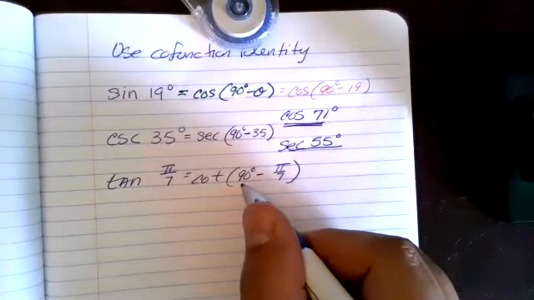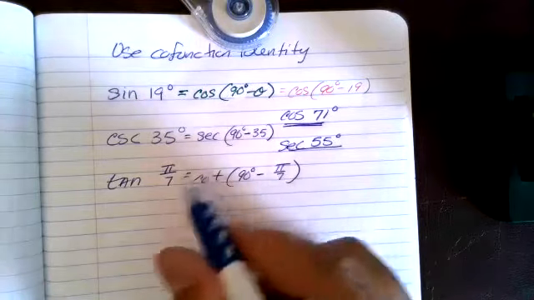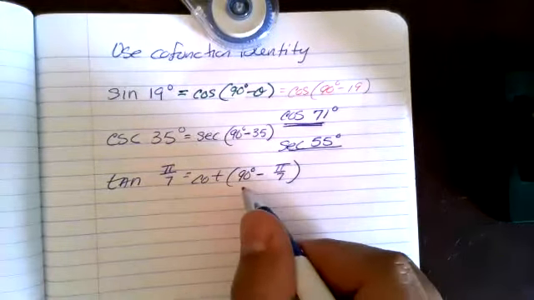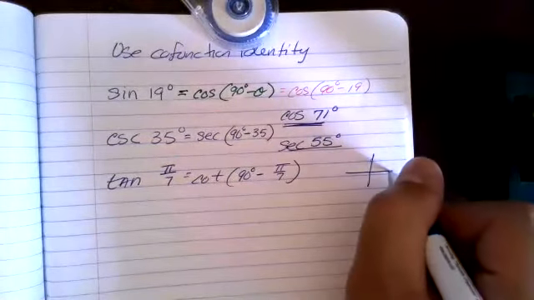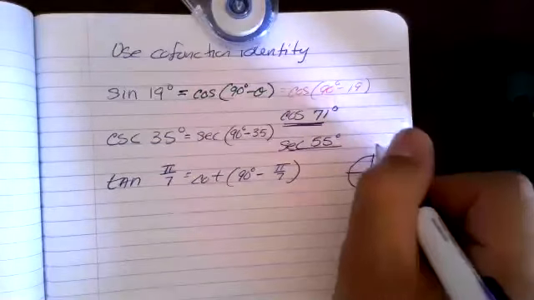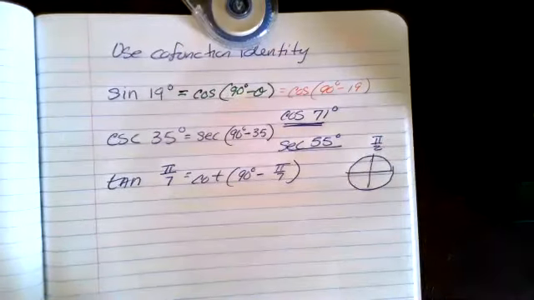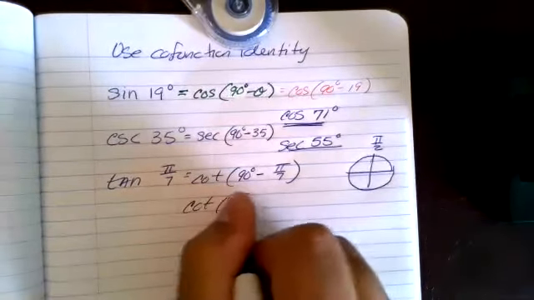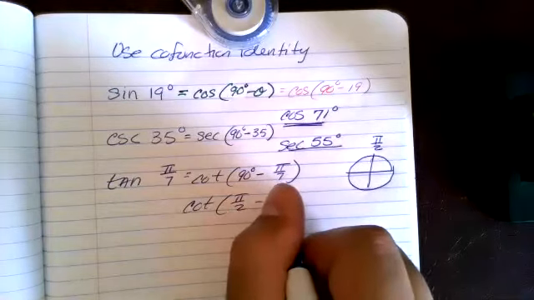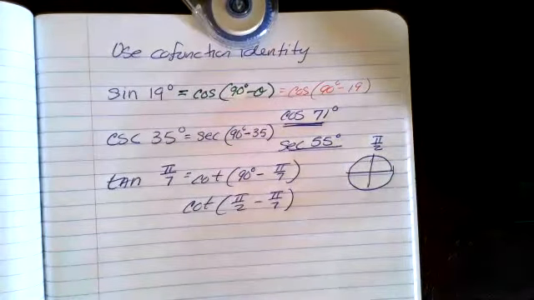This is written in degree measure and this is written in radian measure. So we could either convert this to degrees or convert this to radians. Now, I don't know how comfortable you are, but in pre-calc, we should get used to radians. 90 degrees is pi over 2. So this would really be cotan of pi over 2 minus pi over 7.